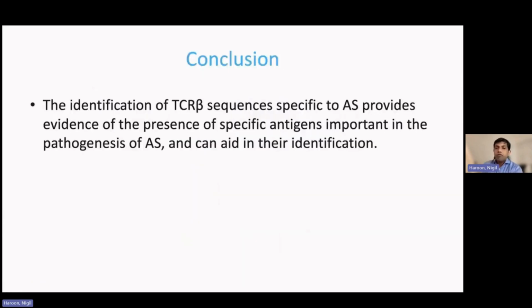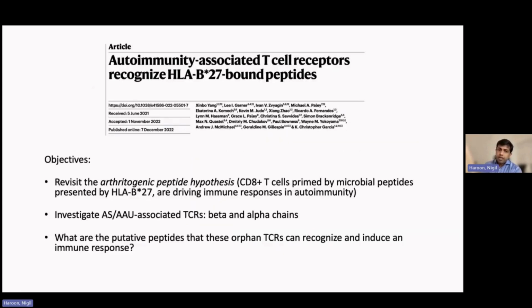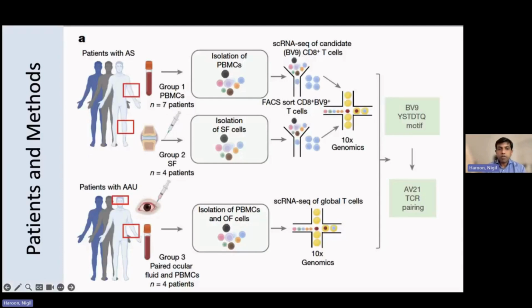So fast forward to this study, which specifically looked at the arthritogenic peptide hypothesis, and I'll explain this better with this figure. In this study, patients with ankylosing spondylitis and uveitis were included, and in both, tissue and blood were taken.